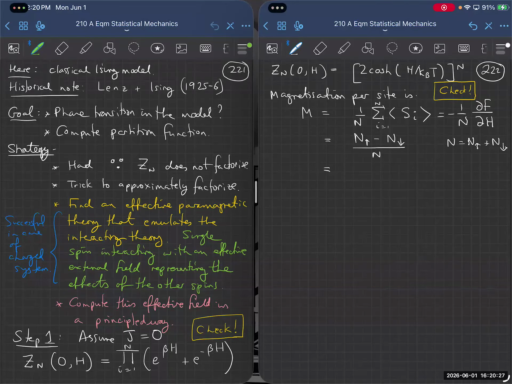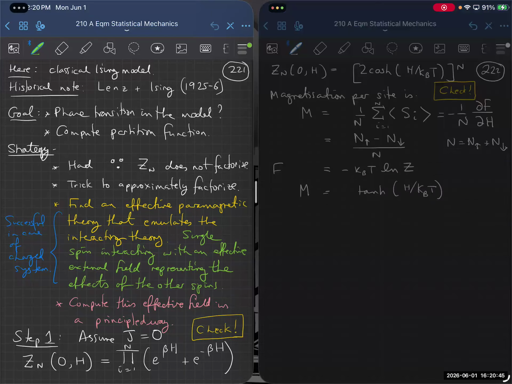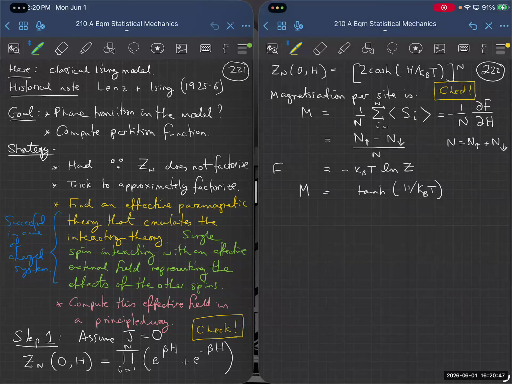Using F as, as usual, minus k_BT times the log of the partition function, what we get is that m is equal to tanh(h/k_BT). That's something you should check, making sure that you can do the simple algebra to get that result.